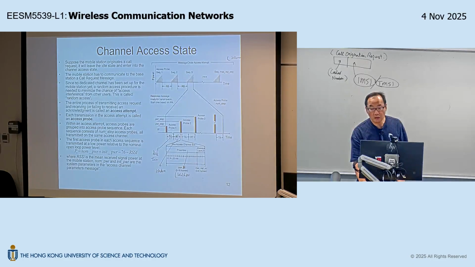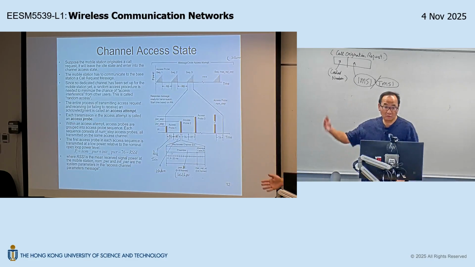Now, if after the timer I immediately retransmit, then that second competitor will also transmit at the same time, right? So if I don't have the second random time, then this kind of retransmission will not be able to resolve the collision issue. Because if there is a competitor at the first attempt, the competitor is guaranteed to be transmitting at the same time, in a synchronized manner, in the second attempt, third attempt, fourth attempt.